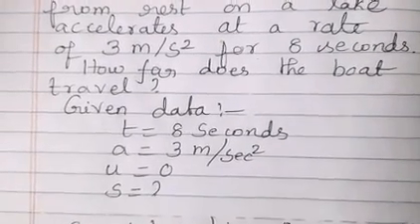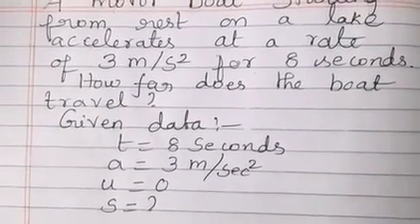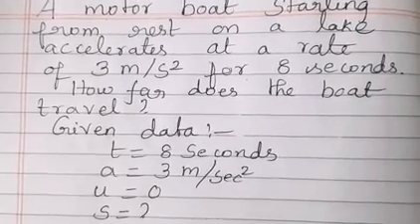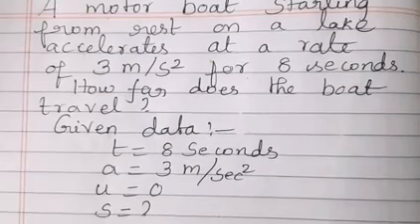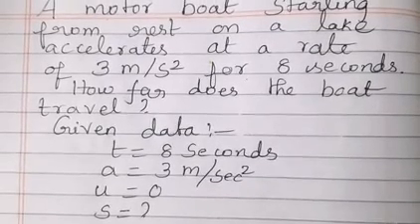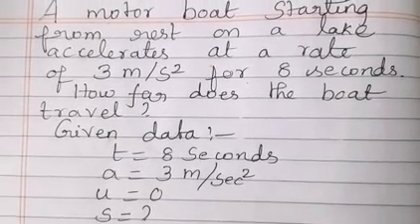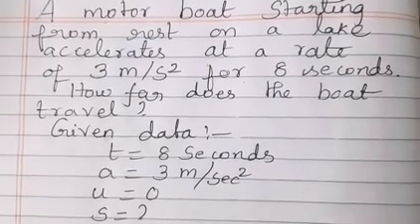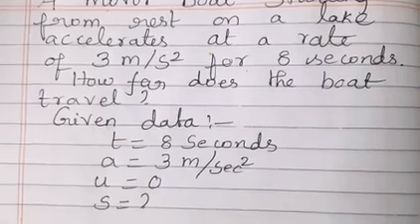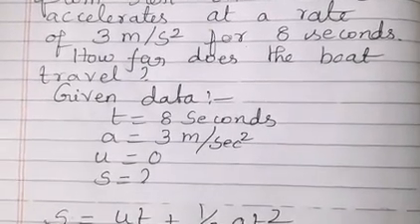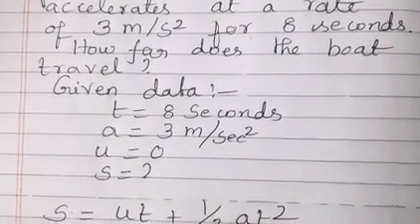The given data has been written. Time is 8 seconds. Acceleration is given, 3 meters per second square, and it starts from rest. So initial velocity u is 0, and they have asked to find the distance, that means s.